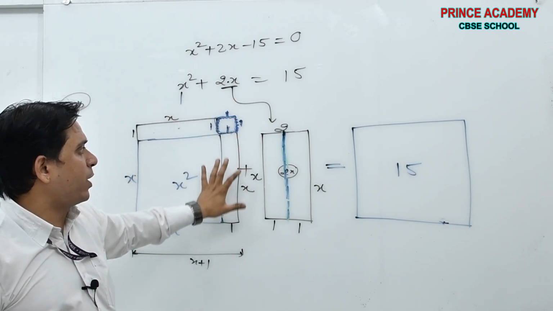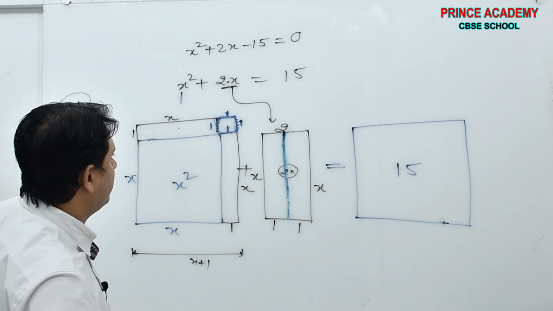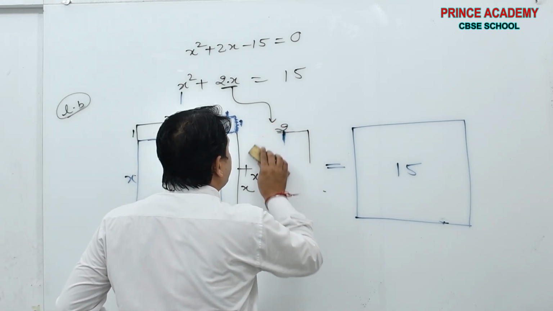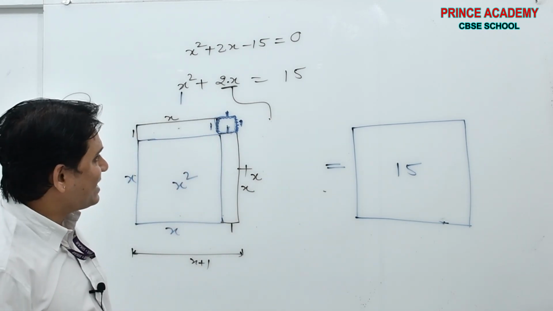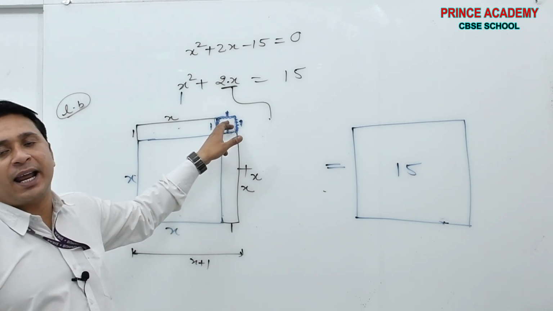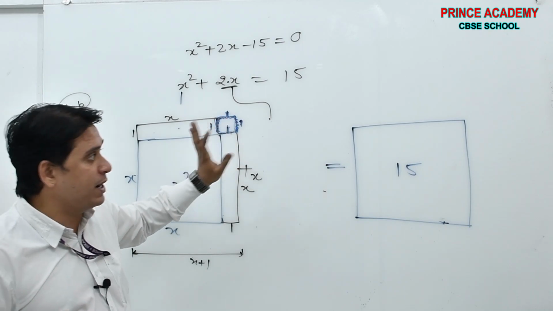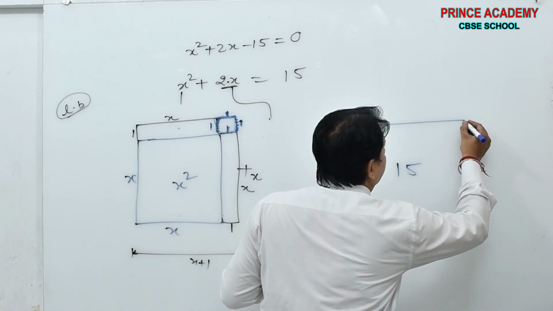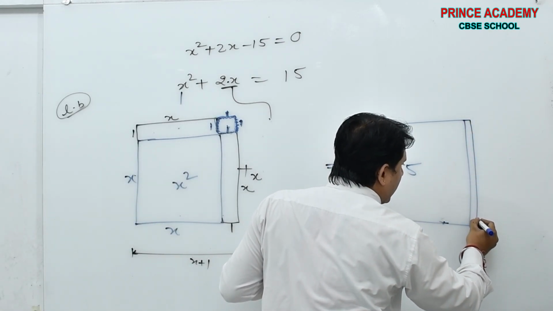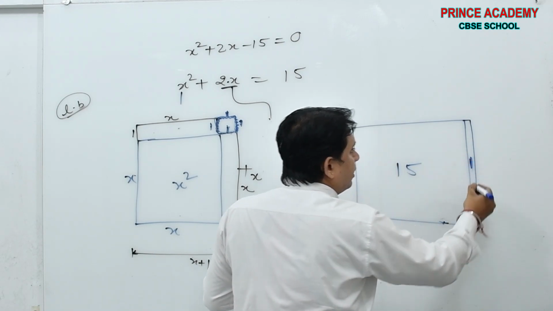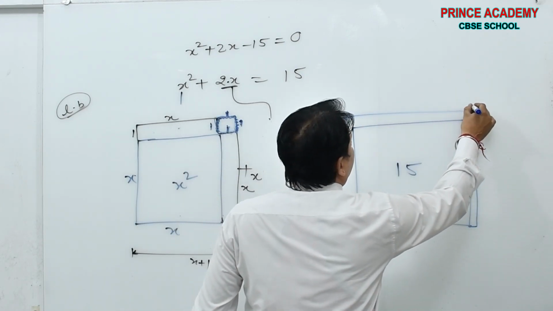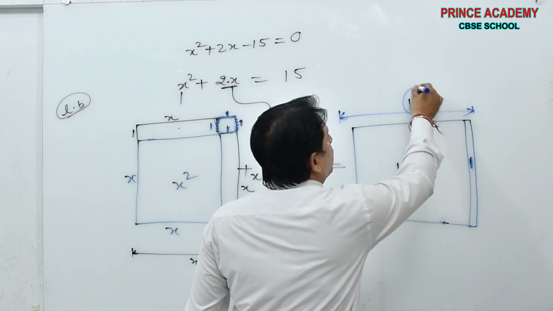This is a complete square, yes or no? What was added here? A square of area 1. This is 1. This whole will be 16, yes or no?